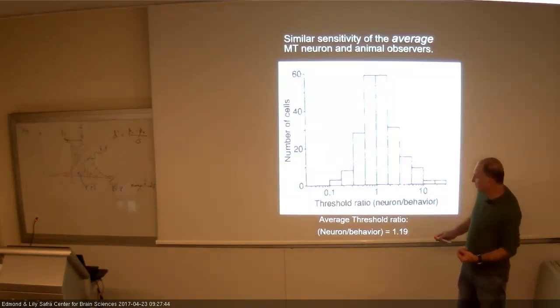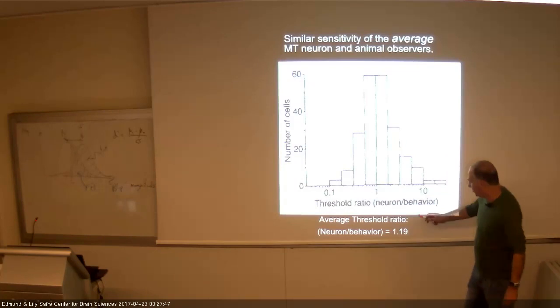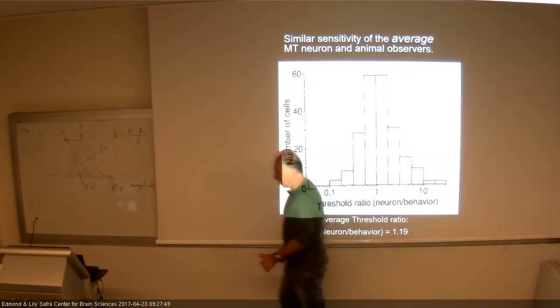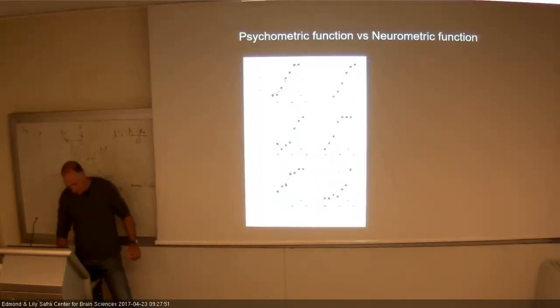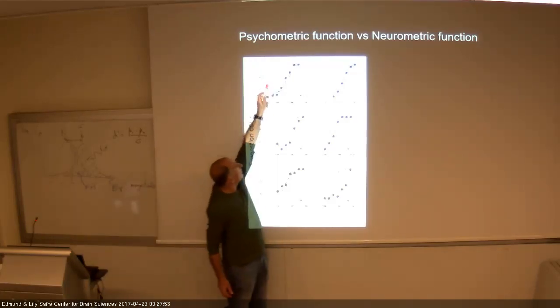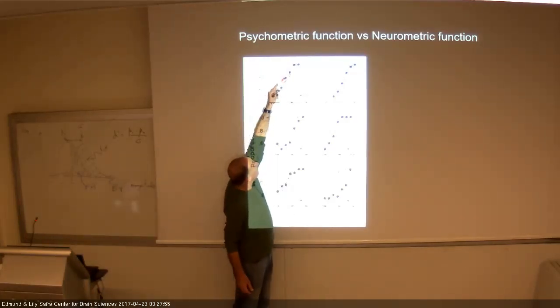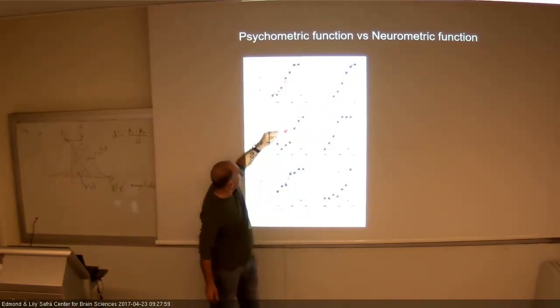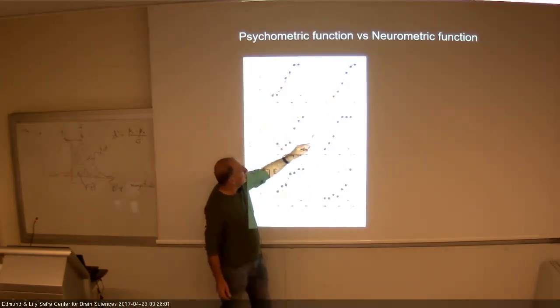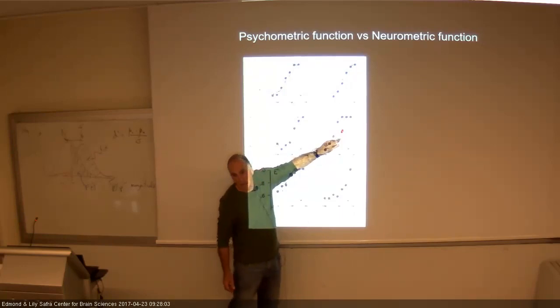So how do you do this? You can do the threshold ratio, okay? So let me make this clear again. Here you can extract the threshold, right? The thresholds of the monkey and the neuron are just about the same here, almost the same here. One is bigger than the other here, and the other is bigger than the one here, right?